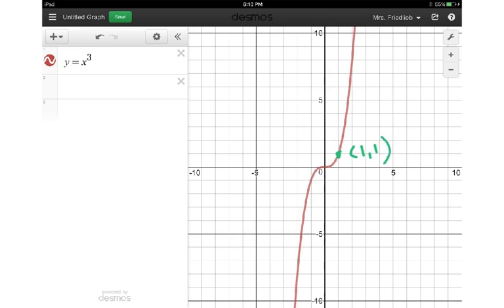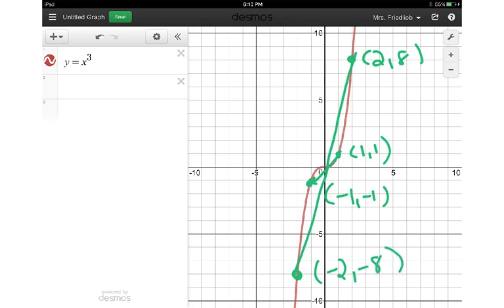The -1, -1 better be on the graph, which it is. 2, 8 is on the graph. Then -2, -8 better also be on the graph, which it is. This is called an odd function.